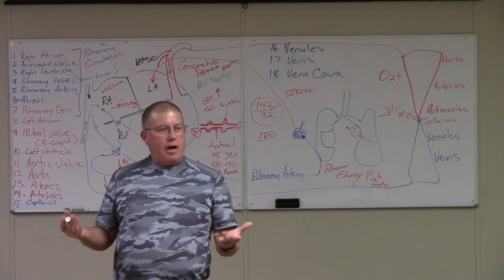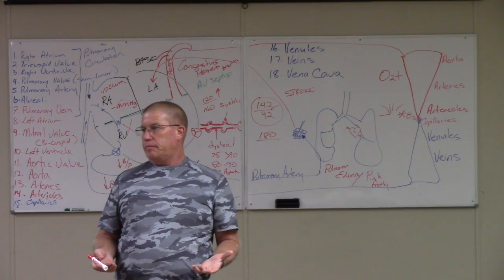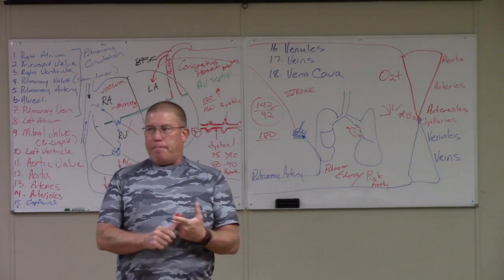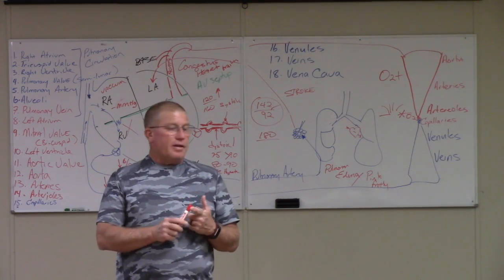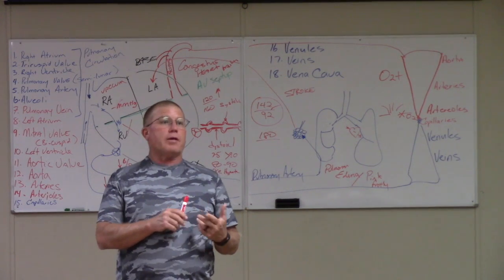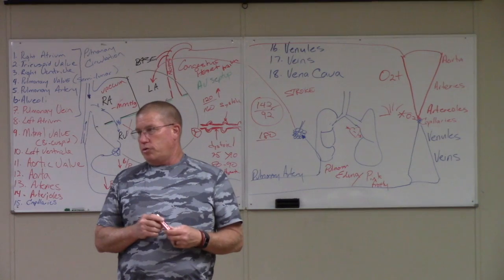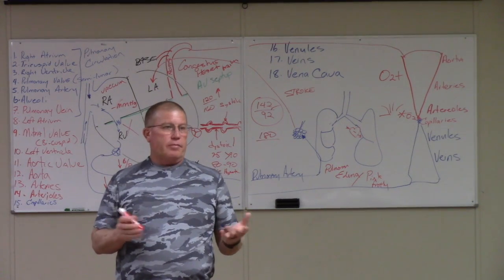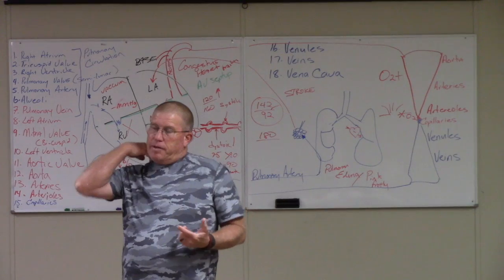How are we going to treat somebody in congestive heart failure in the field? High flow O2, because they've got to perfuse. If their heart's not beating, we can beat it for them. If they're not breathing, we can breathe for them. But typically what we're going to do is high flow O2 at a basic level because they need oxygen. What you're going to see is they're going to be dyspneic.